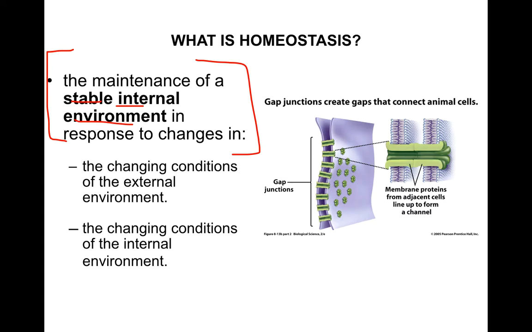So, for example, if our external environment changes, if we go outside, the changing conditions of an external environment will then trigger a response for us to maintain the stable environment. If it's really cold out, my body might shiver. Changing conditions of an internal environment will also trigger responses. So if I have a fever, my body will respond to that so that I can get back to this stable internal environment.